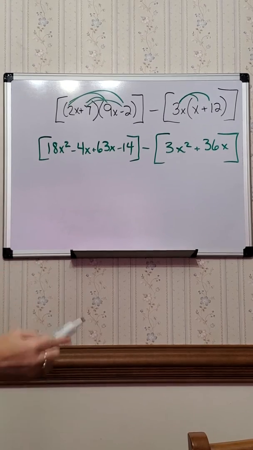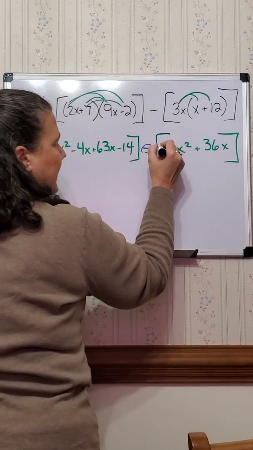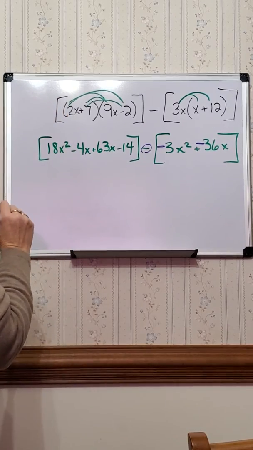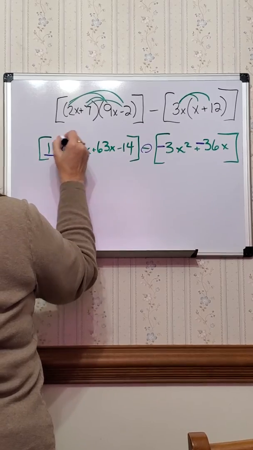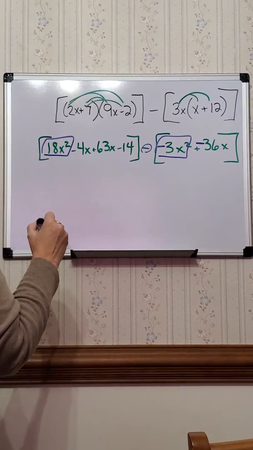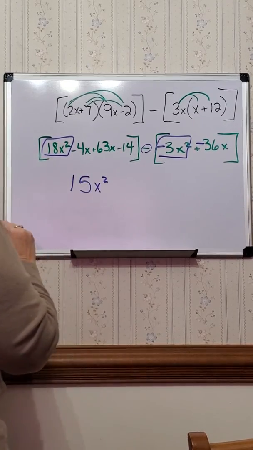At this point, I am just going to be combining like terms. However, I have to be careful because this is a subtraction. So that means this is going to become negative, that's going to become negative. So let's start with our x squared. I've got an 18x squared and a negative 3x squared. So that's going to give me a 15x squared.